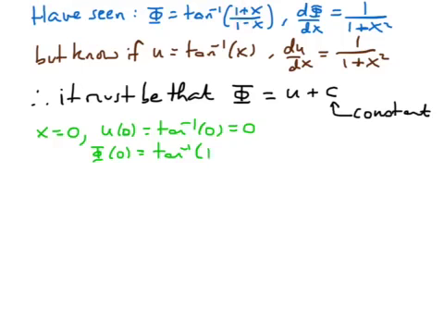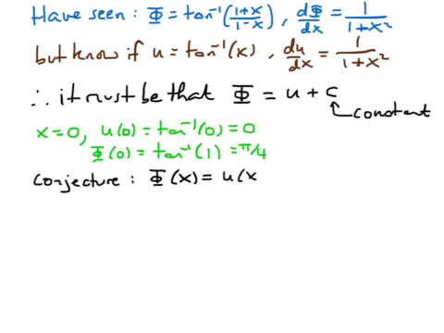So we have the arctangent of 1, and that is pi over 4. So therefore, we conjecture that phi of x is equal to u of x plus pi over 4.